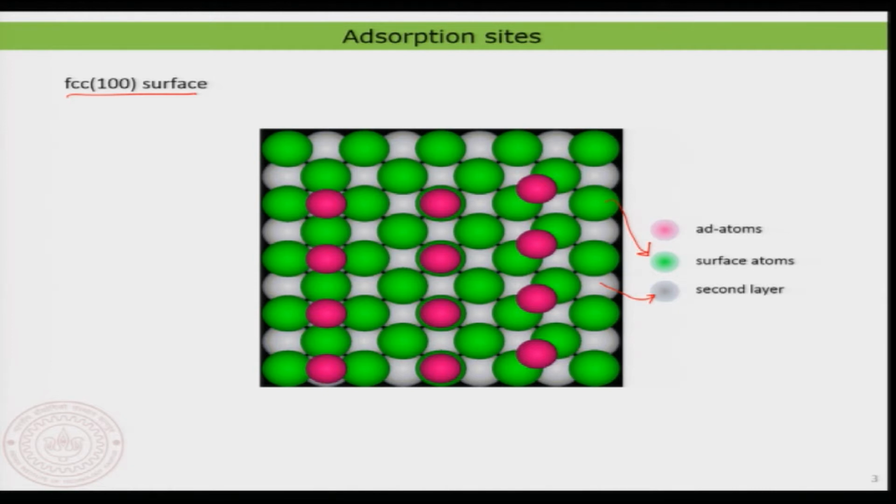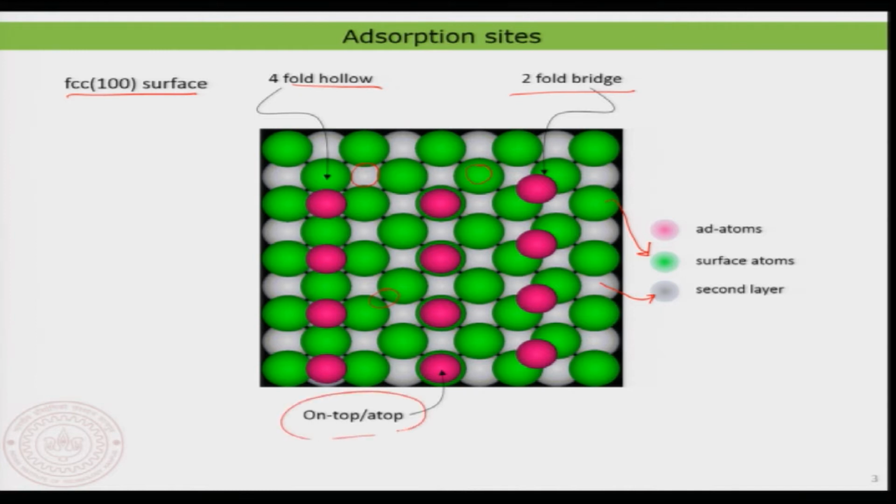Of course, it can go onto this part here, which is a 4-fold symmetric site, or the atom can go directly on top of an atom, or it can also go in between 2 atoms here. So, these particular adsorption sites are known as the 2-fold bridge site, the 4-fold hollow site, and then you have something called the on top or atop site.